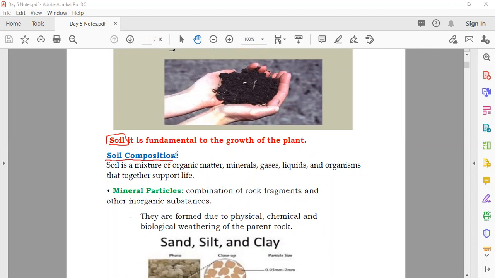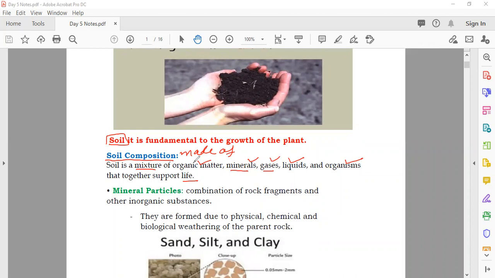Soil composition means it is made of what? If you see the soil, we say soil is a mixture of organic matter, minerals, gases, liquids, and organisms that together support life.